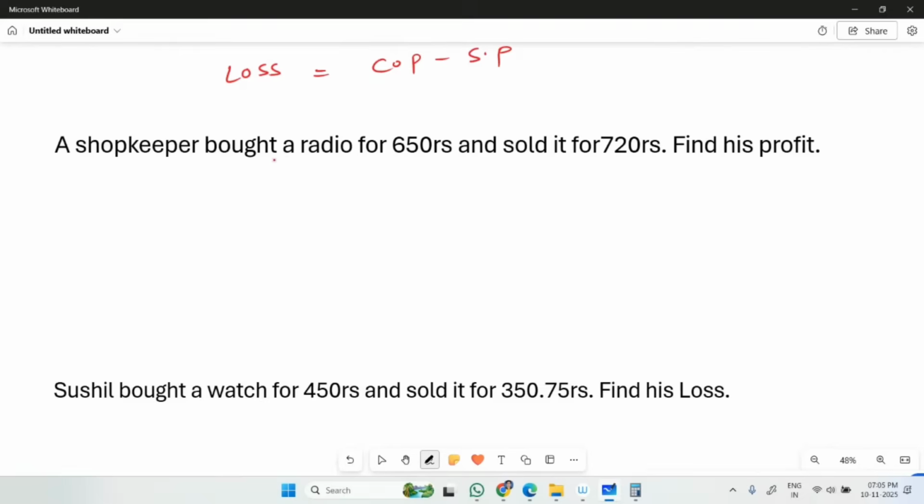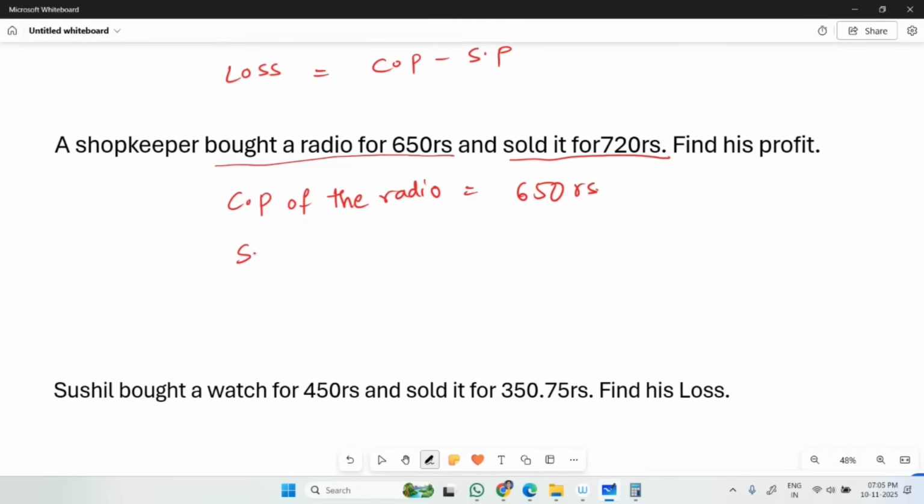A shopkeeper bought a radio for 650 rupees and sold it for 720 rupees. Find his profit. So from the question, let's annotate first. Bought radio for 650 rupees. That means the cost price of the radio is 650 rupees. Sold it for 720 rupees.